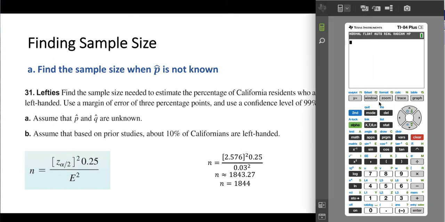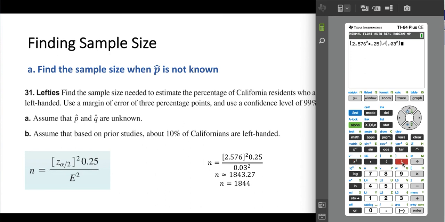If you'd like, I'll do that problem on your calculator for you, just to show you how you type it in. So I would type a parenthesis and then 2.576 squared. We're going to multiply that by 0.25. And we're going to divide that by 0.03 squared.